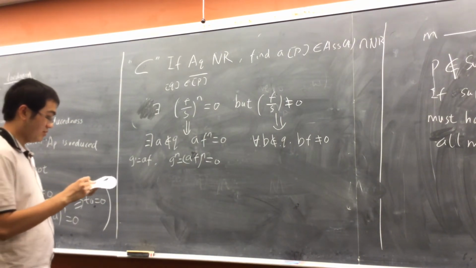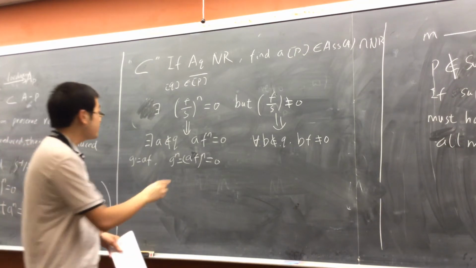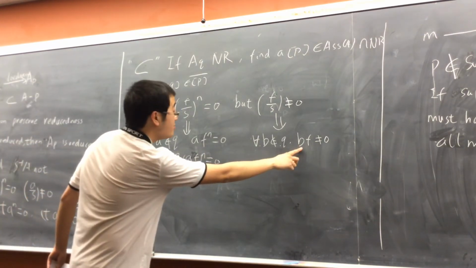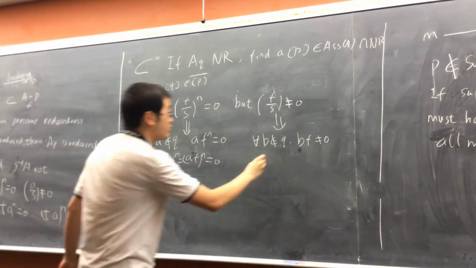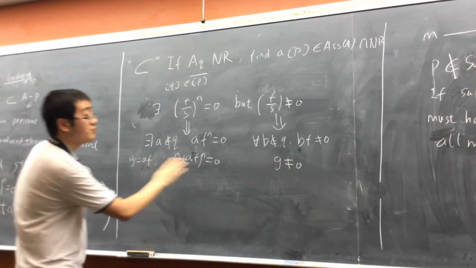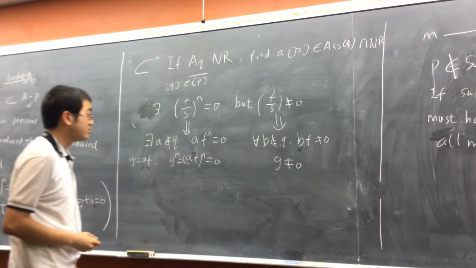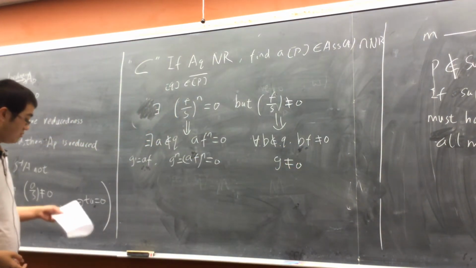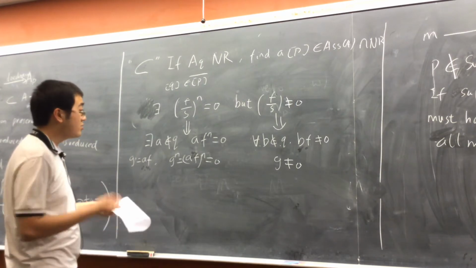The next step will be, we know that from this statement, G itself is not 0, because G is AF, and anything like this is not 0. So now what does this mean?